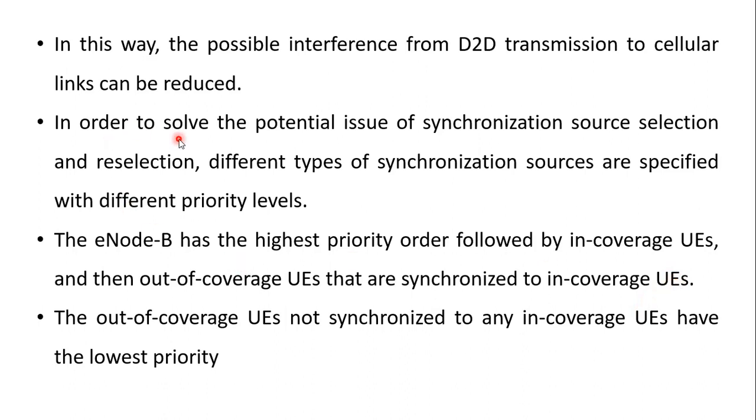Okay. Now, as we have seen here, what it says is in order to solve the potential issue of synchronization source, the synchronization source selection and reselection process happens. So for this, different types of synchronization source are specified with different priority levels. So each synchronization source is provided with priority levels.